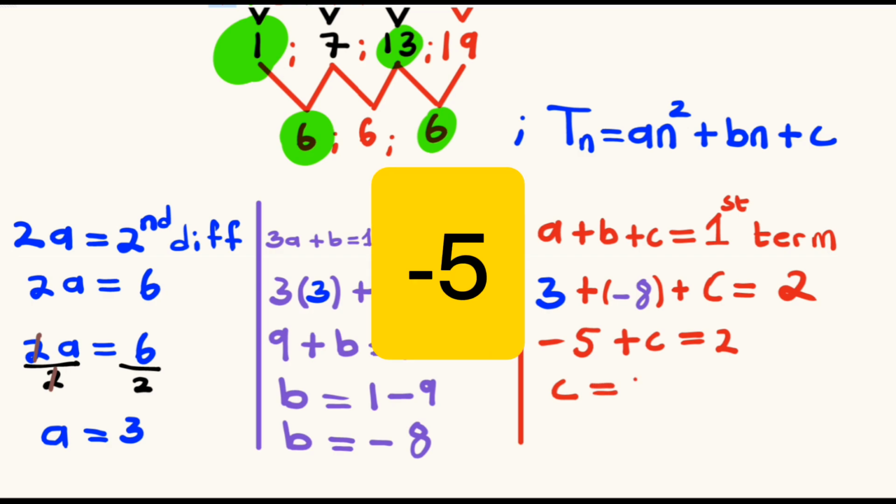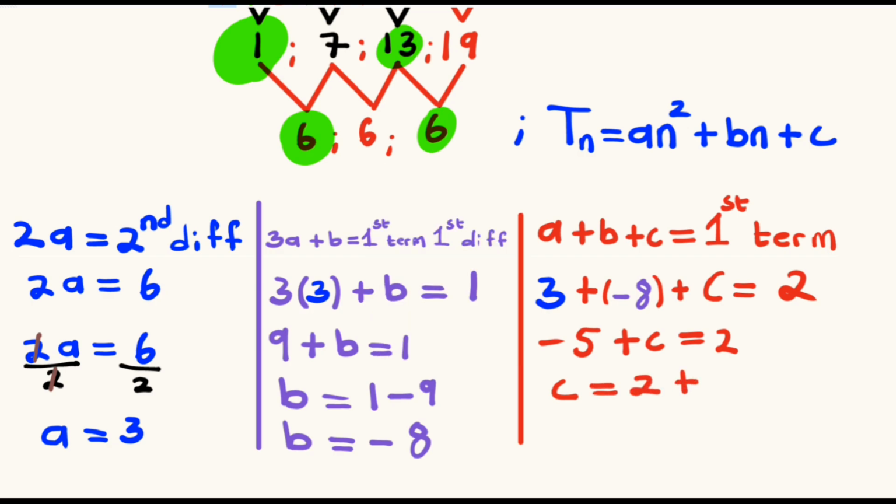Moving the 5 to the right, it will change sign to positive 5, and the numerical value of c will be equal to 2 plus 5, which is equal to 7.